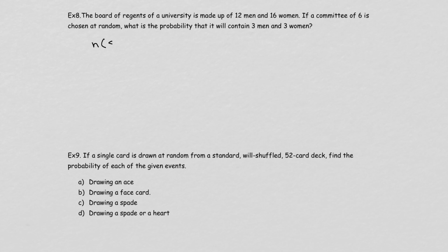The total sample space we're looking for is out of 28, because 12 plus 16, picking 6 of them, right? And the number of event, in this case, we have 3 men and 3 women.